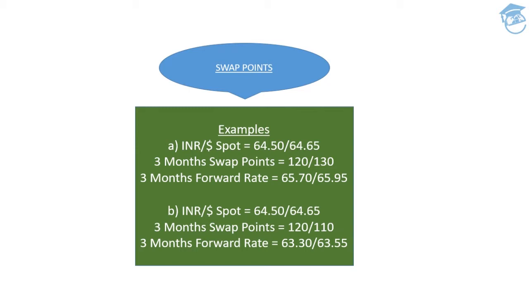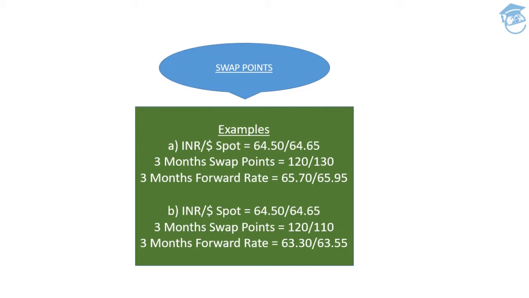That will be 65.70. A similar exercise needs to be done for the ask rate as well. So I will add 130, that is 1.30, to 64.65. I'll get a figure of 65.95. That will be my ask rate for 3-month forward. So this is how I basically adjusted my swap points.